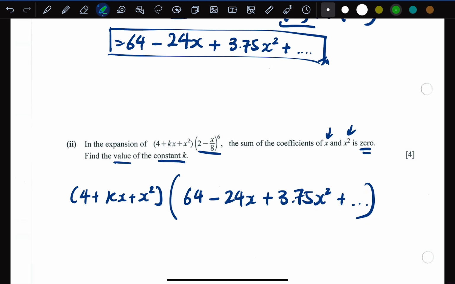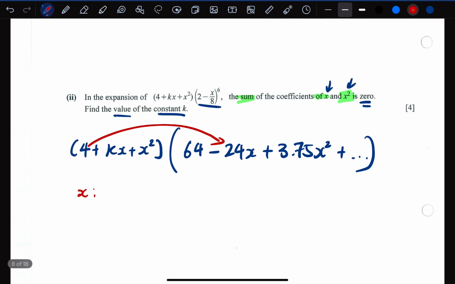They tell you the sum of the coefficients of x and x squared. So let's first find which products actually give me x and x squared. Let's see our x first. For x terms, we have 4 times negative 24, so we get negative 96. So this is the x coefficient.